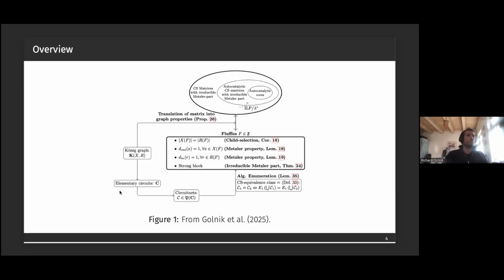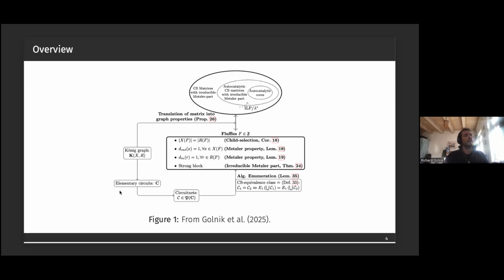We can do so by taking advantage of elementary circuits and superimposing them, so sticking elementary circuits together, and getting subsets of the power set of all elementary circuits, which are circuit nets.